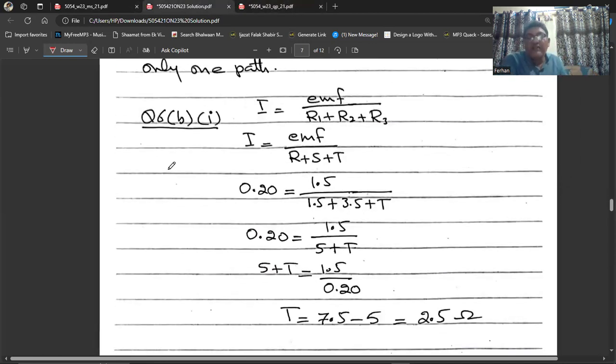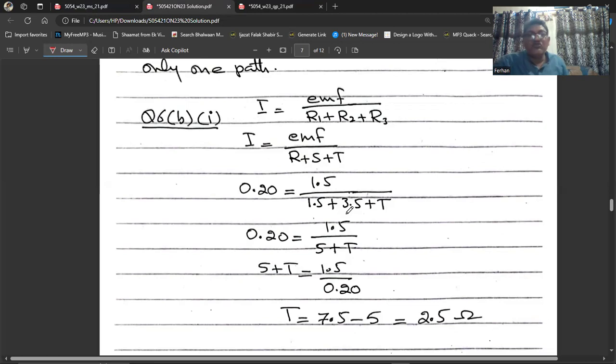The formula is very simple: current from the battery is EMF divided by the total resistance of the circuit, the EMF divided by R1 plus R2 plus R3. The current from the battery is 0.20 A and the EMF is 1.5 volt. The R resistance is 1.5 ohm, the S resistance is 3.5 ohm, and the thermistor resistance is the question.